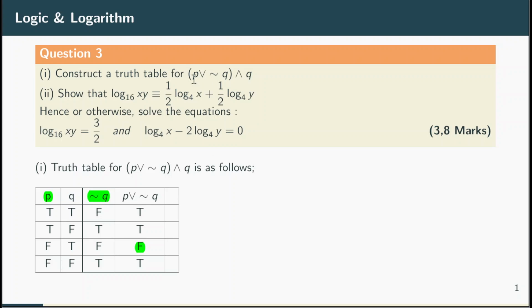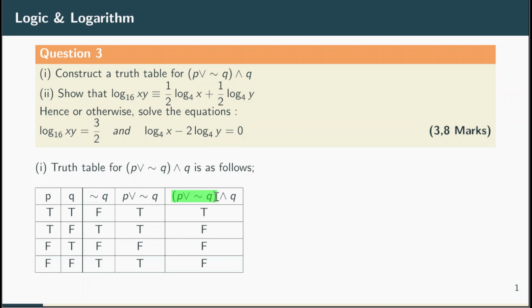Now finally, I need to find the conjunction between these two statements. That is what this symbol stands for. The conjunction between two statements is true only when both statements are true and false in all the other cases. So I create a column for that.